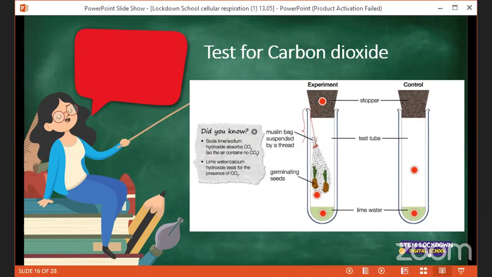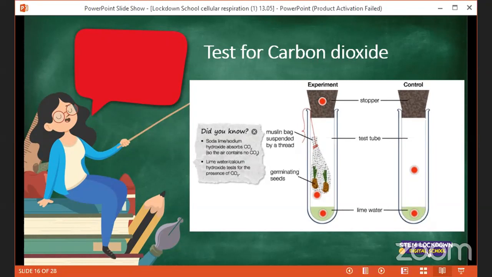Okay, so now let us look at the test for carbon dioxide, and we'll just start with reading this. Let me just get the cursor. We'll just start reading with this "Did you know" section here. It reads as follows. Soda lime or sodium hydroxide absorbs carbon dioxide in the air, so that the air contains no carbon dioxide.